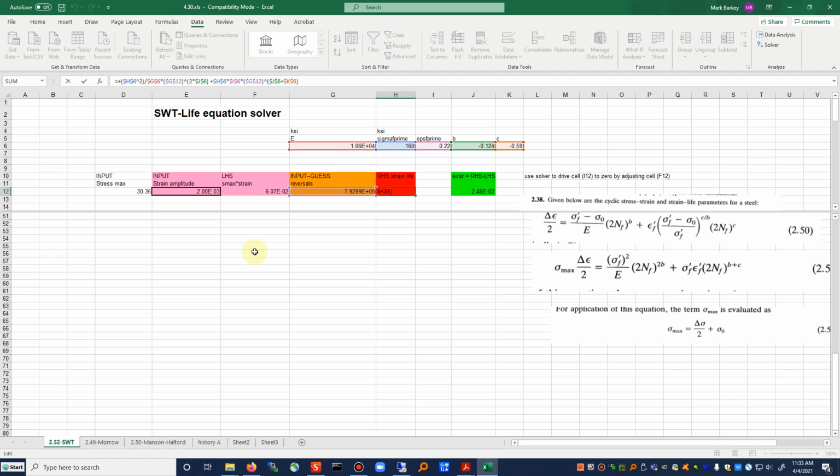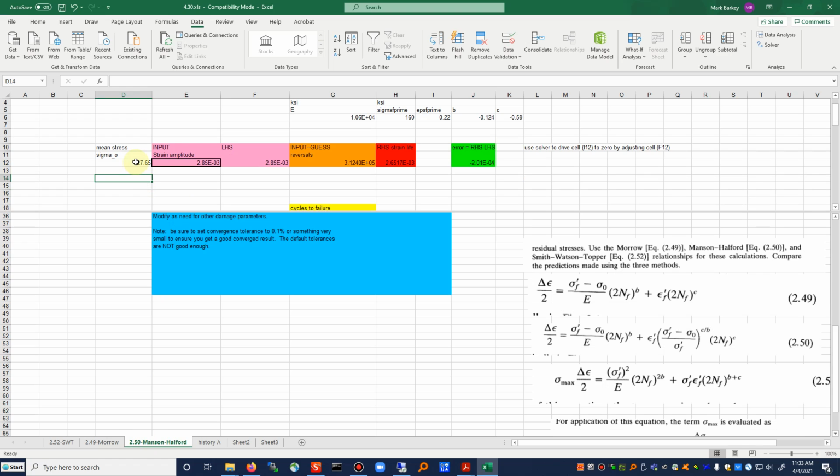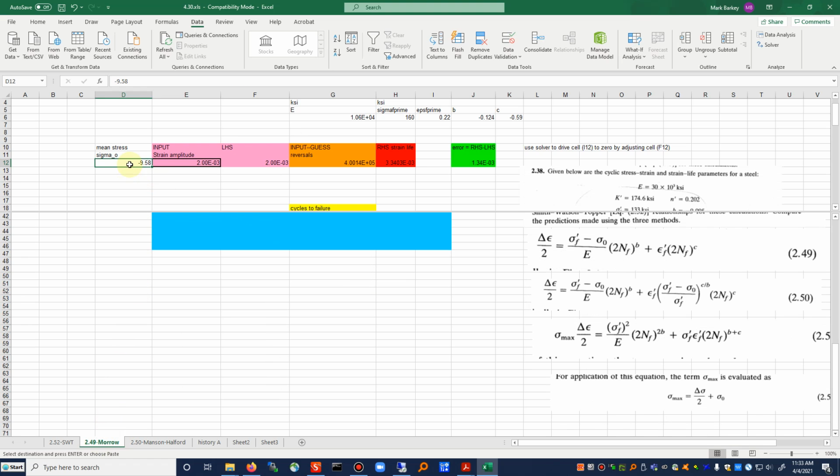All right, so I think I have these in here. Let's do this. Paste those values in here, and we'll start with the Morrow equation. And what I'm going to do is use the solver. I'll get rid of this 2.38.